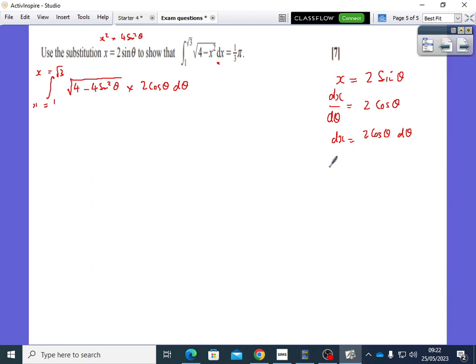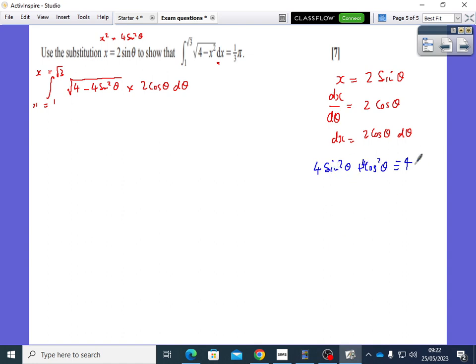So you should know that sine squared theta plus cos squared theta is equivalent to 1. So if I multiply everything by 4, that is also true.